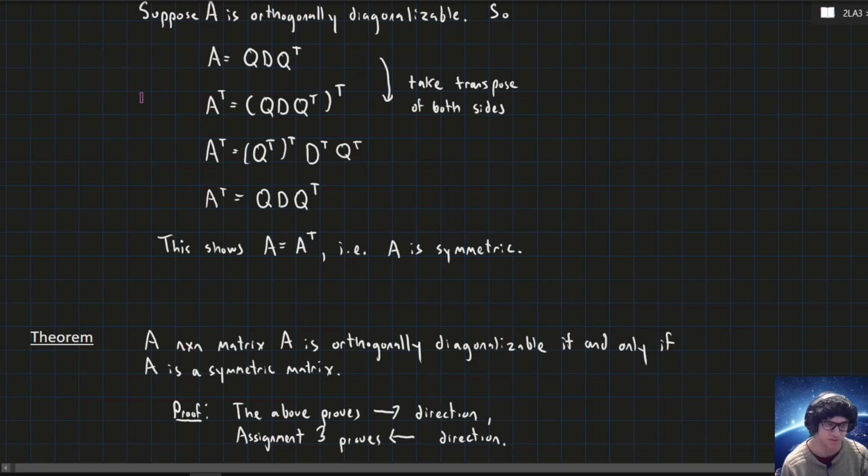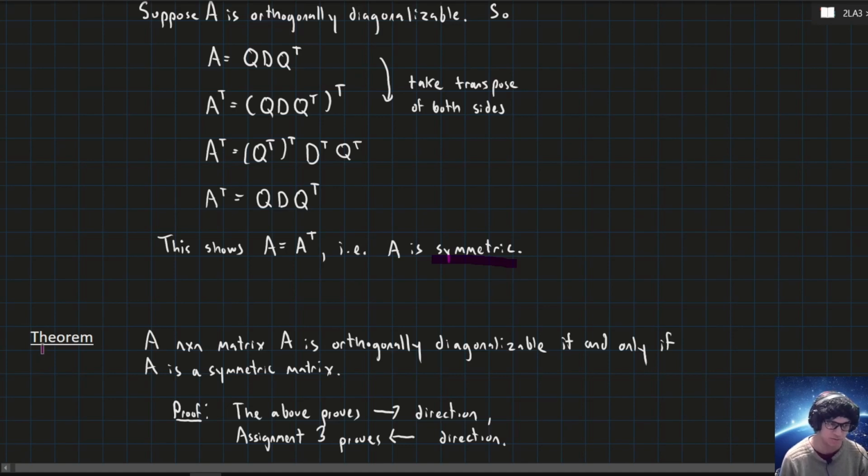So this proof shows that if A is orthogonally diagonalizable, it must be symmetric. It doesn't say that every symmetric matrix is orthogonally diagonalizable, though. But it turns out that is true. These two conditions are the exact same thing.